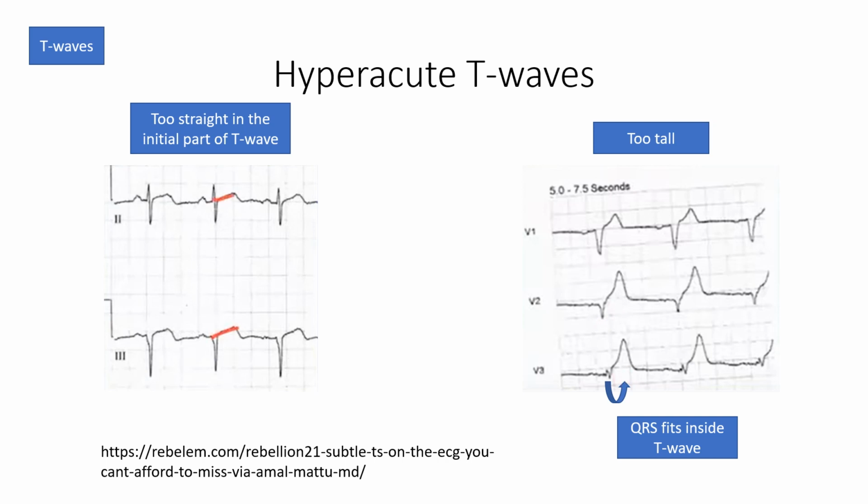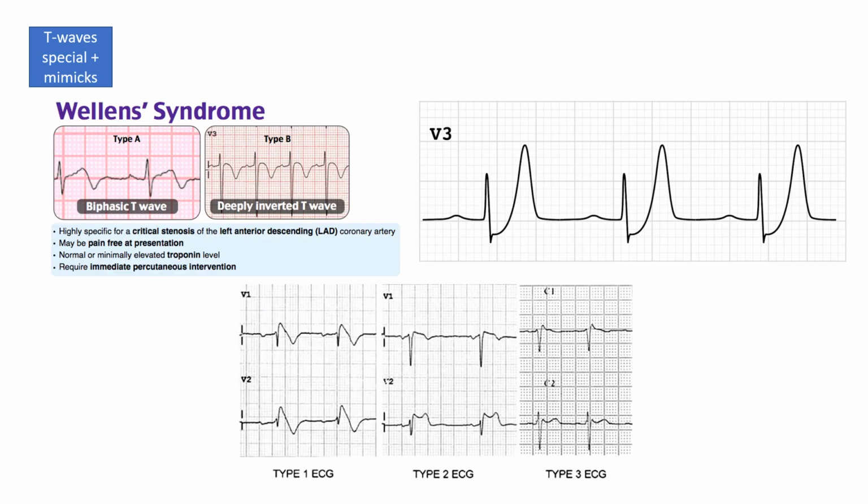That would be a hyperacute T wave, and you can also see it's broad. It's a bit peaked, but more broad, and you can sit on it. The other thing Mattu mentions is if it's too straight in the initial part, then you should also be worried about a hyperacute T wave.